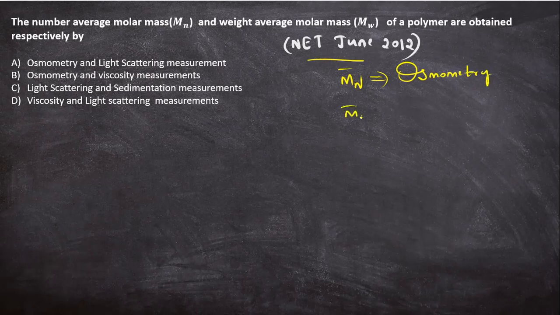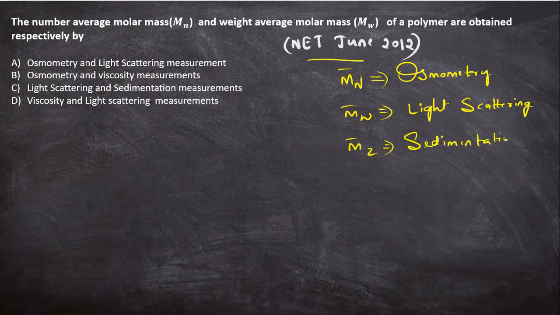Weight average is the light scattering method. Z average molecular mass is by sedimentation equilibria. Next, viscosity average molecular mass is by viscometry.